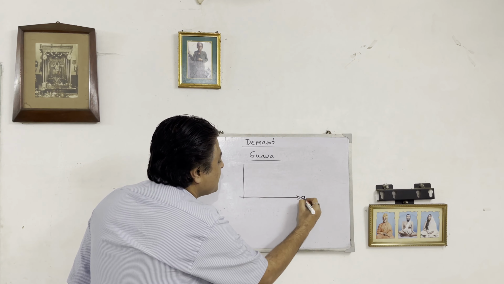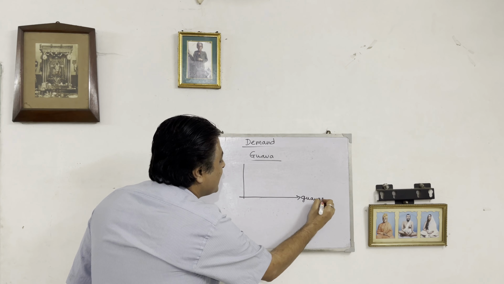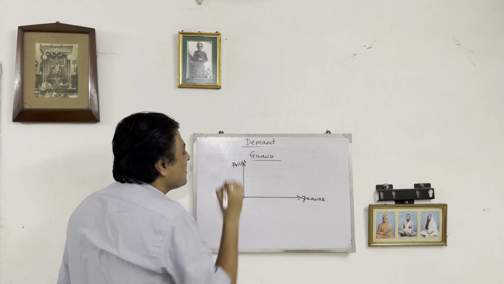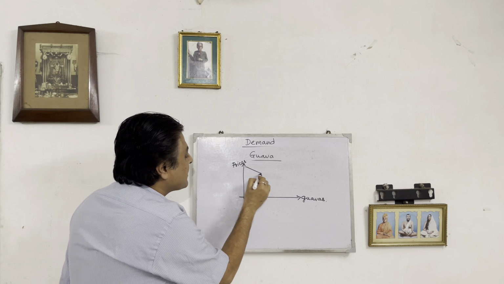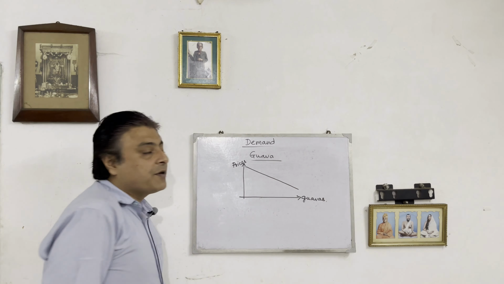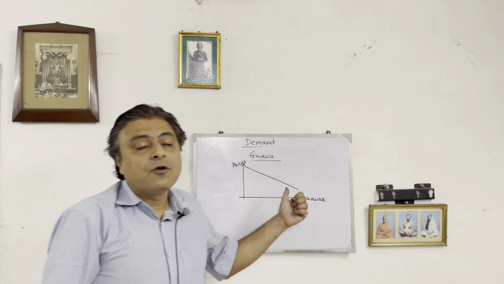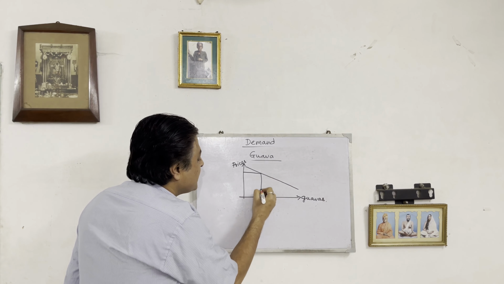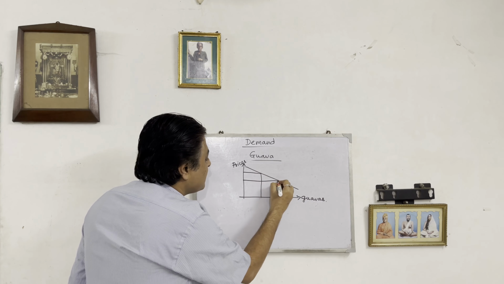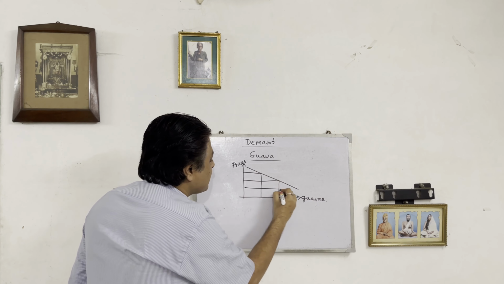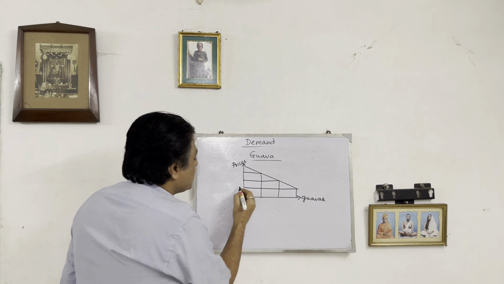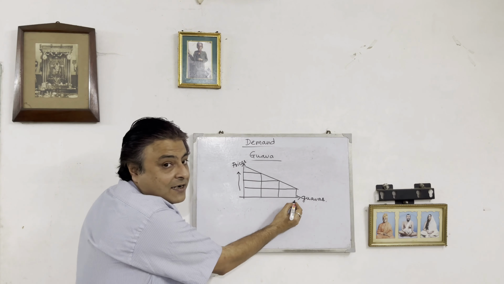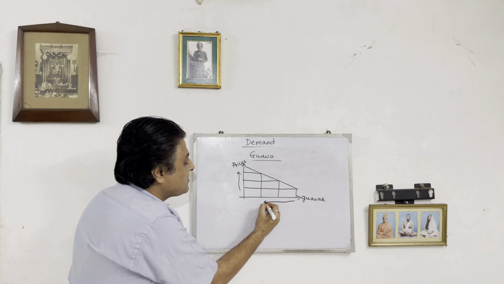We can measure guavas on this side and we can measure the prices. We will see that the curve will be downward sloping. The demand curve will be downward sloping. Why? Because from this we can understand that if the prices are increasing this way, the quantities of guavas are falling this way.